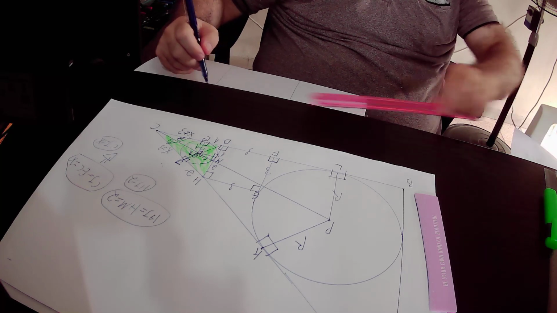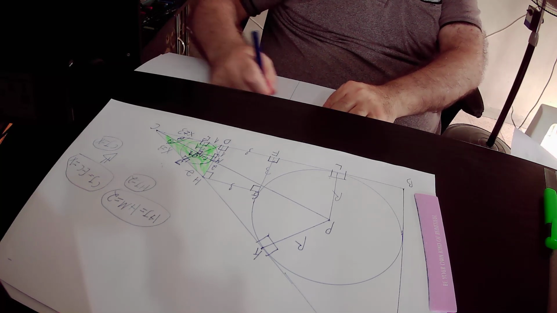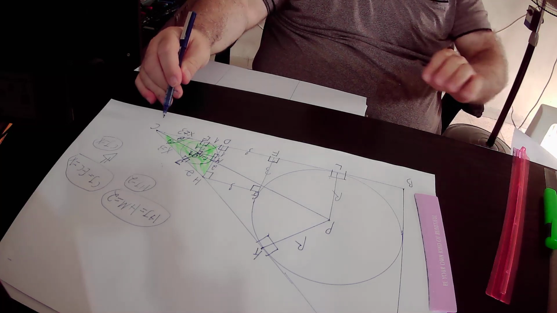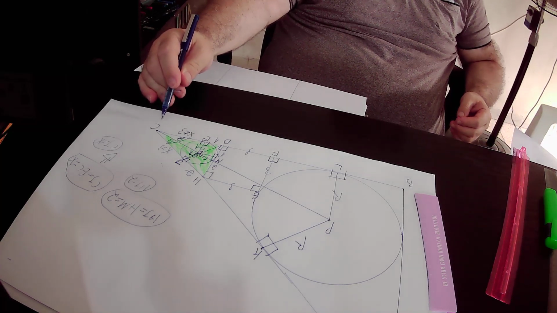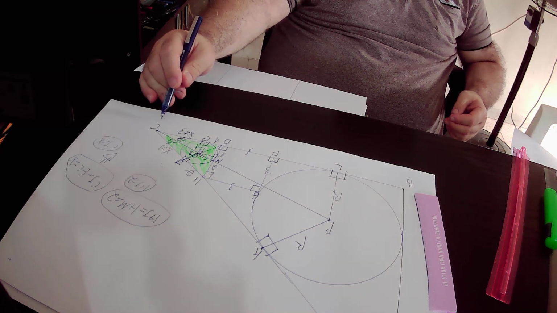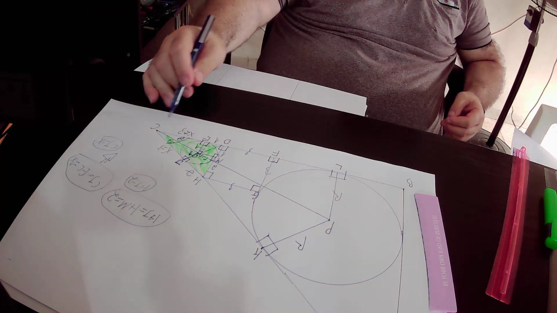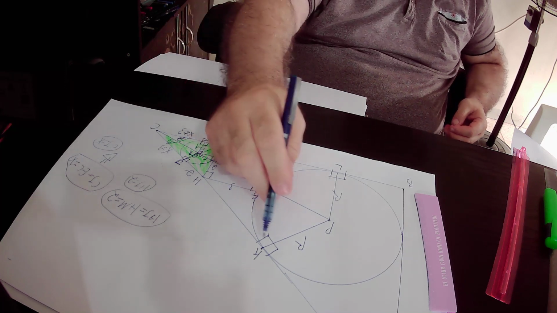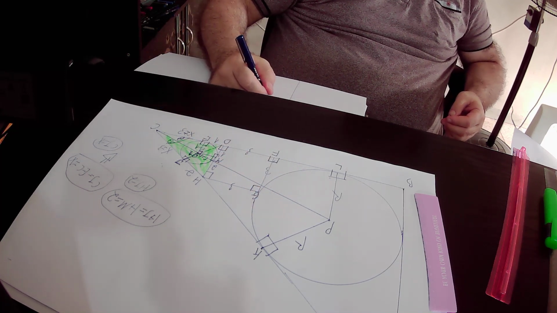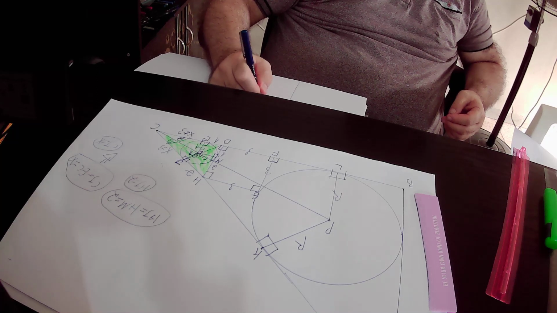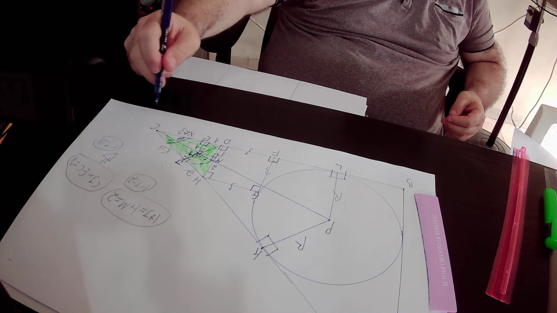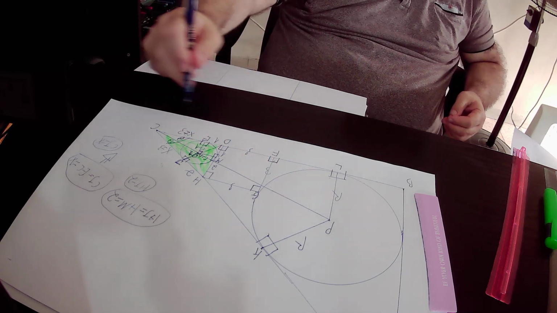In addition, if we focus on the common external point C, from the common external point C, we have two tangents to the big circle, tangent CK and tangent CL, and according to rule number 2, the two tangents are equal to each other, that is to say, CK equals to CL.